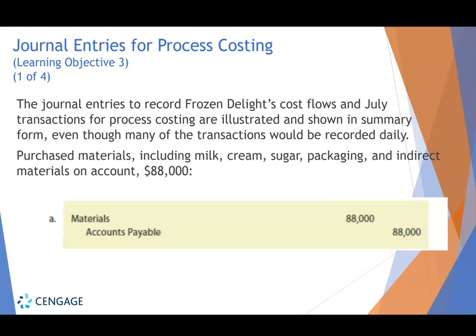In this scenario, we are talking about the various purchase of materials. Here we're showing we purchased materials including milk, cream, sugar, and packaging, and indirect materials on account for 88,000.